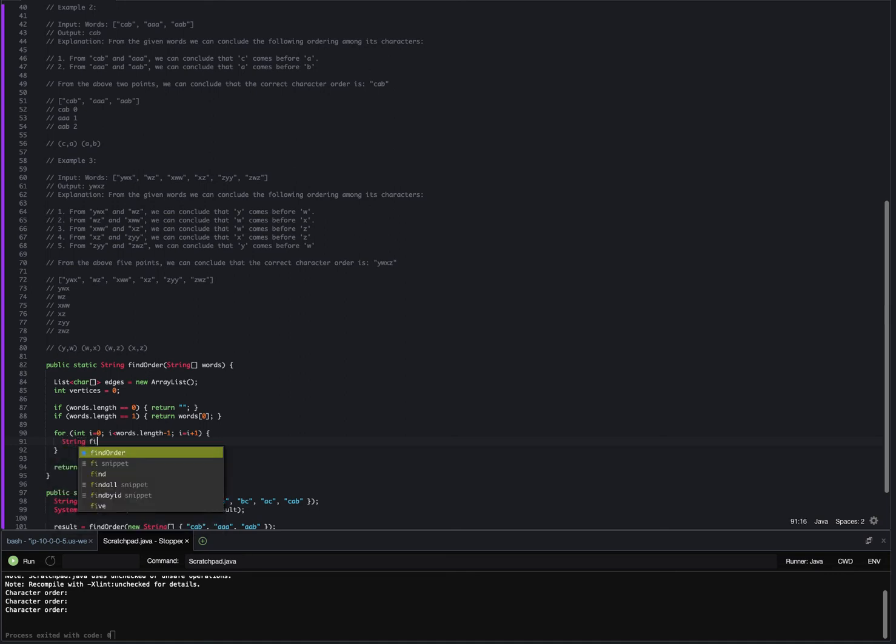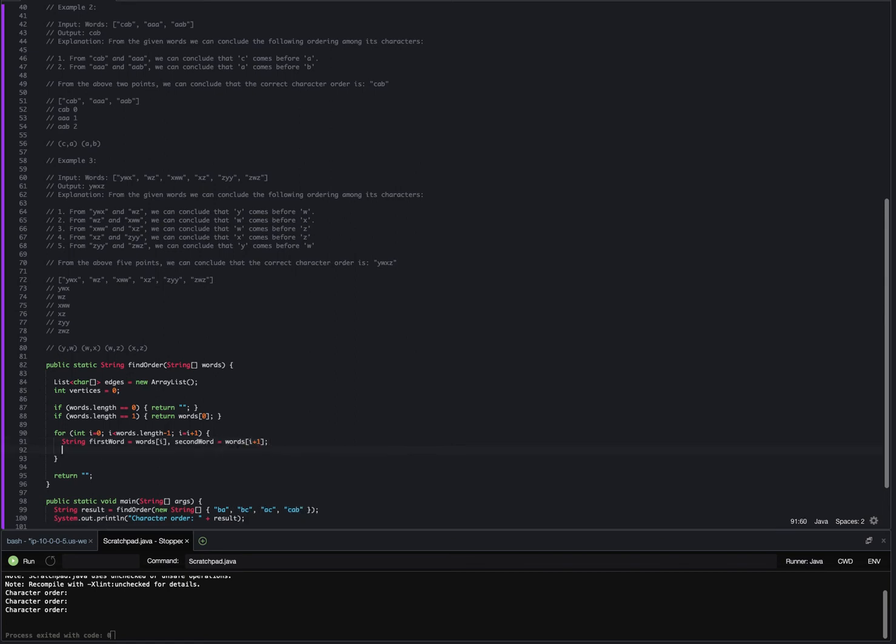So we have the first word. Right, so the logic was that we will keep on comparing until the characters are unequal, and as soon as we find an unequal character, we're going to put the relationship in the edges.